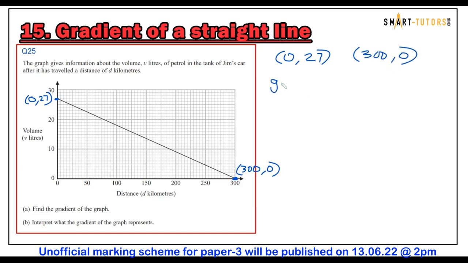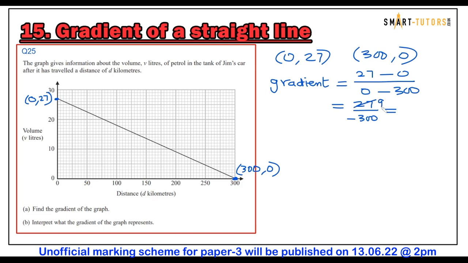So the gradient is the difference of y, 27 minus 0, over the difference of x, 0 minus 300. So 27 over minus 300. If you divide by 3, 3 goes into 9 and 3 goes into 100. So minus 0.09. So that is the answer.